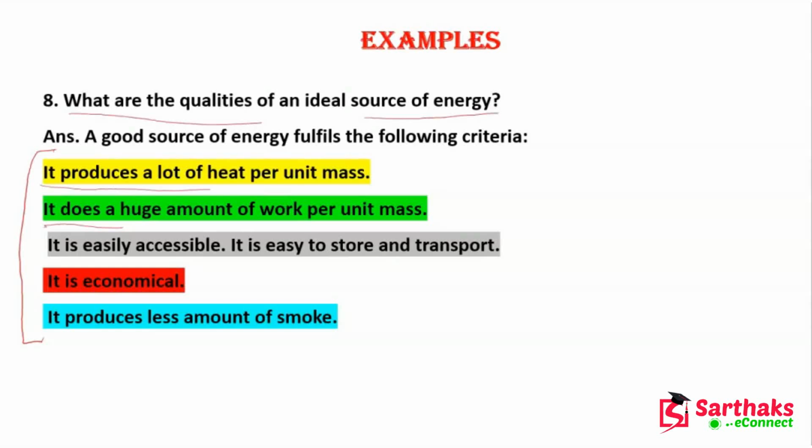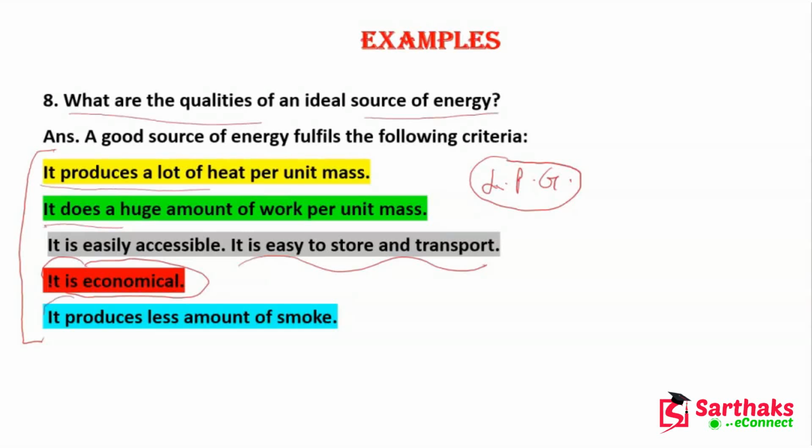It is easily accessible, like LPG, liquid petroleum gas, which we use in our houses. That is easily accessible, and it is very easy to store and transport LPG. So that's why it is also a good source of energy, and it is economical as well. That is also a property of an ideal source of energy.